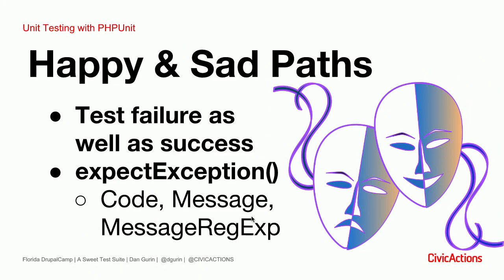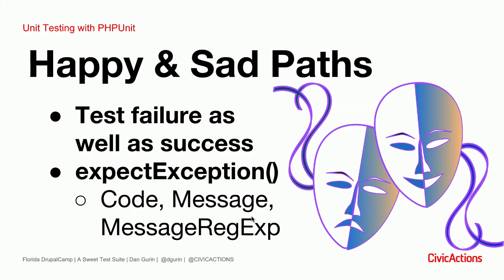So the happy and sad path, there's a tendency to only want to test when things are going right, but you also want to test things that shouldn't work. So like if you had a password policy, you could test putting in a password that didn't meet your policy and see that it didn't work.